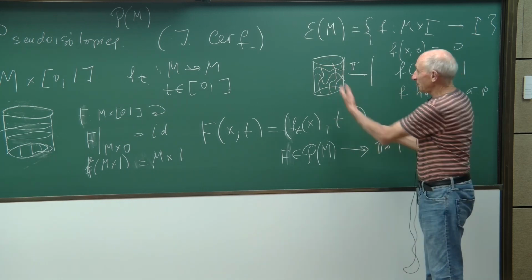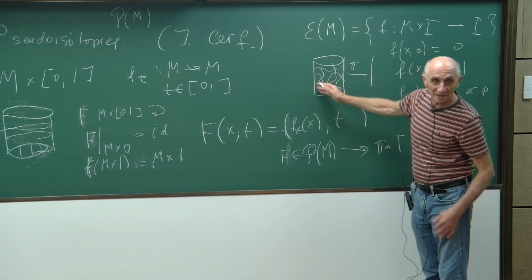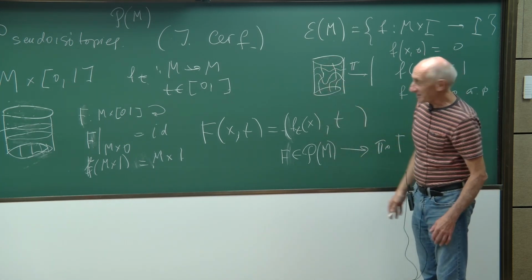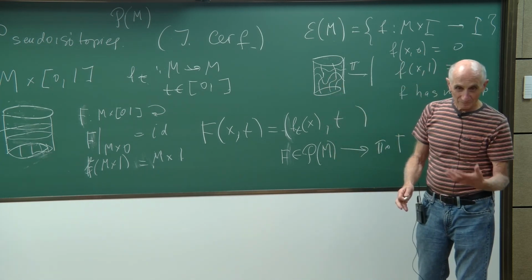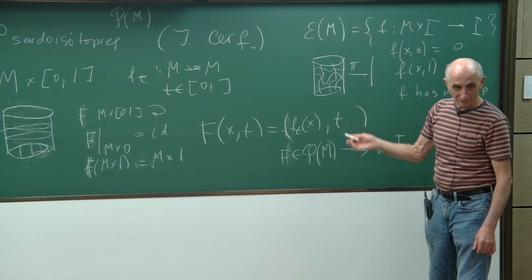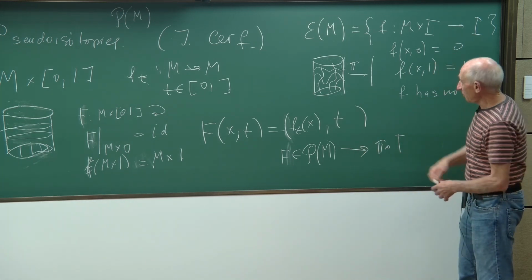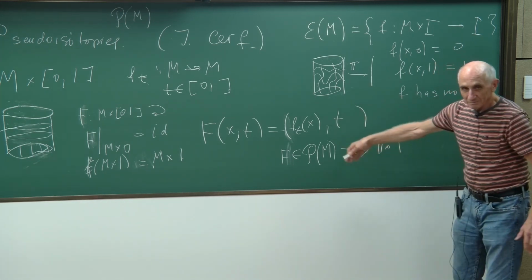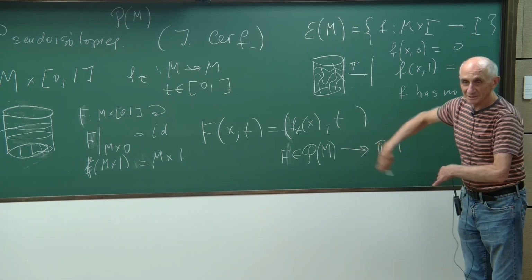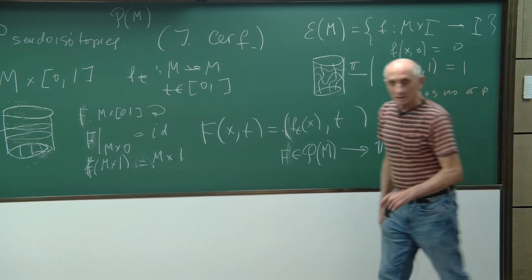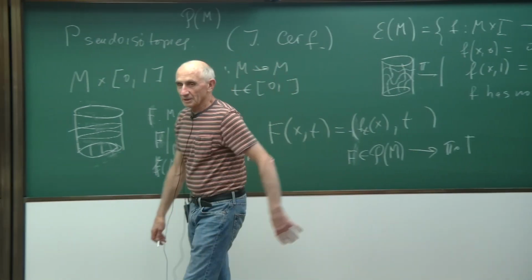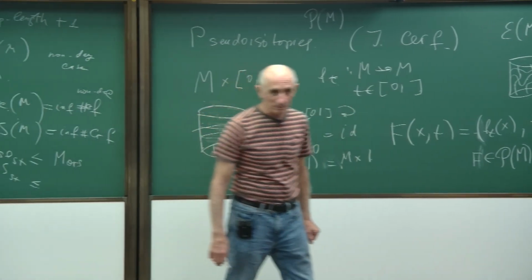Of course, this gives us a system of coordinates, a diffeomorphism to m cross I, a self-diffeomorphism. And if you think for a second, these are homotopically inverse maps to each other. So okay, this is the pseudo-isotopy space.